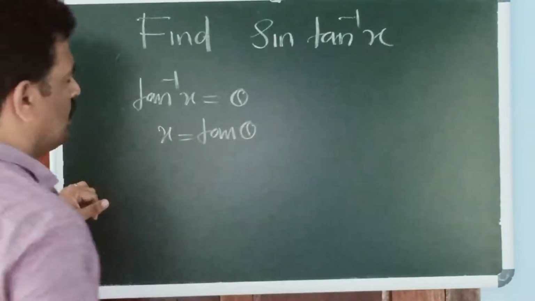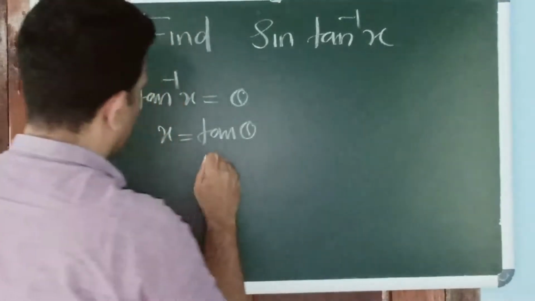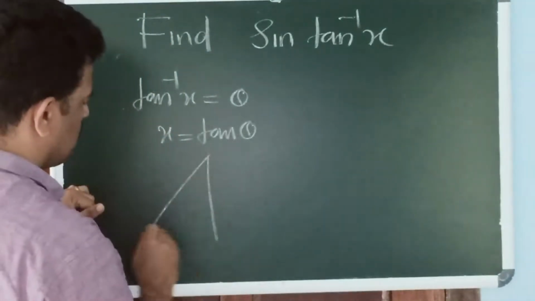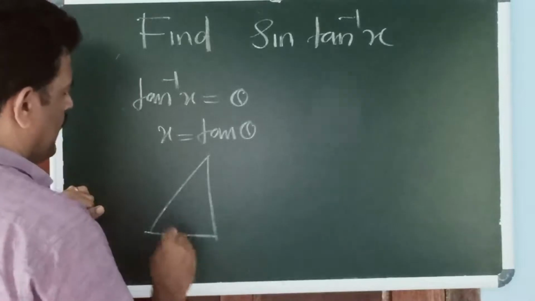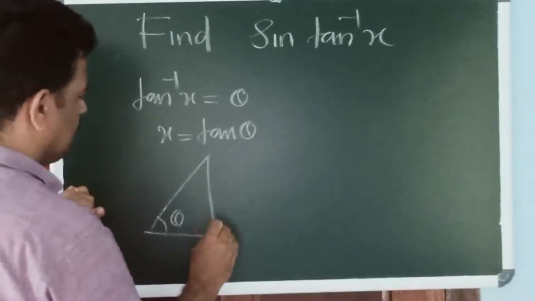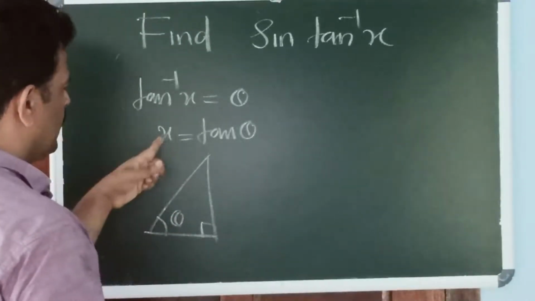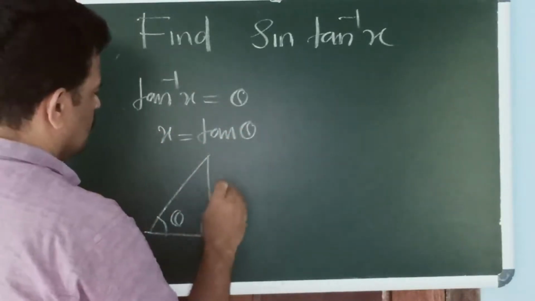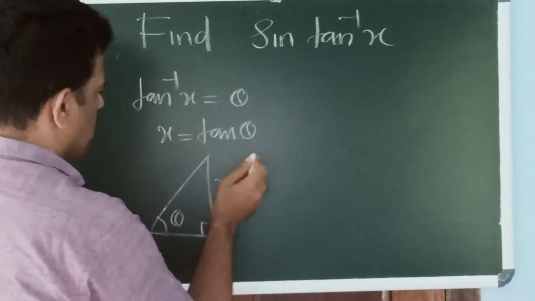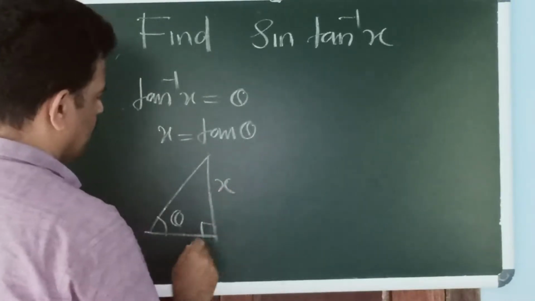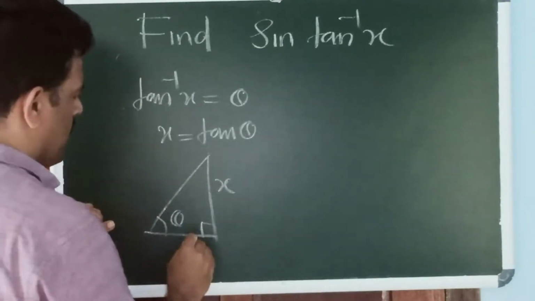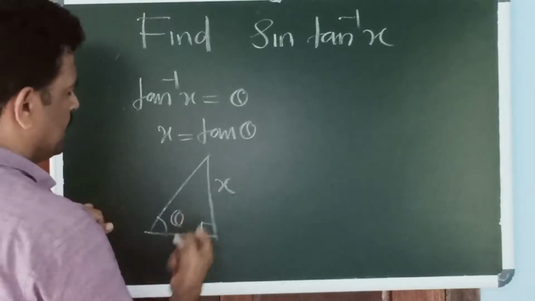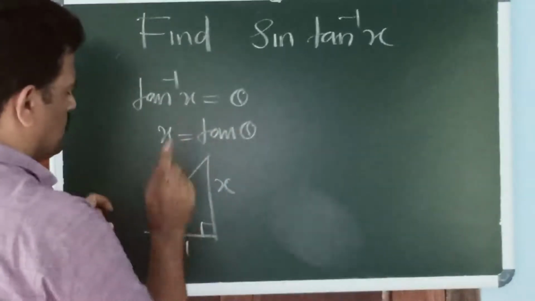Now consider a right angled triangle like this, and take this angle as theta and this is 90 degree. Given that x equal to tan theta, therefore this length is x and this length is 1. Therefore tan theta is x by 1, that is x.